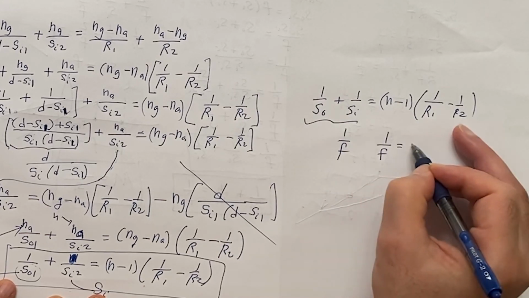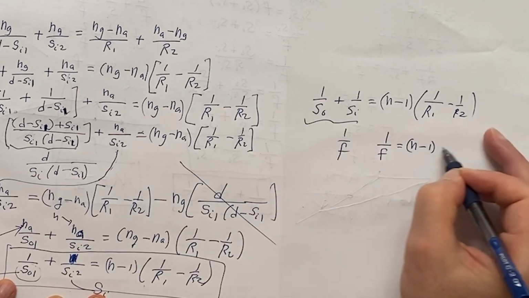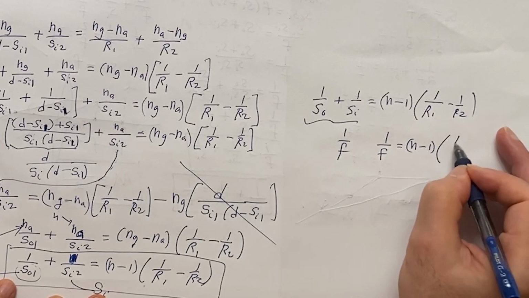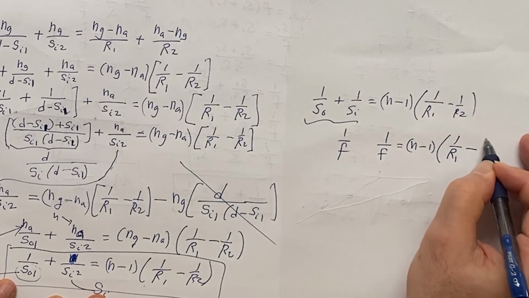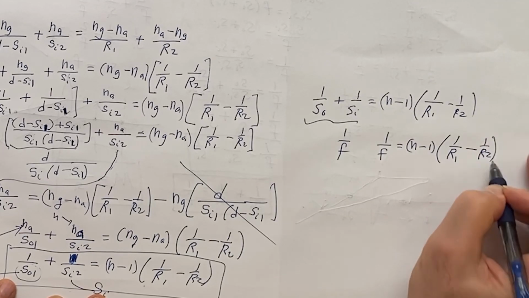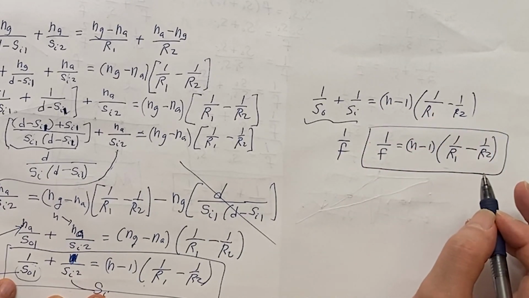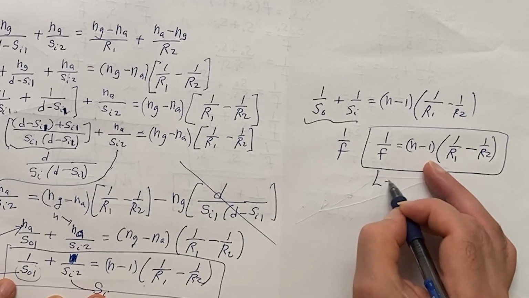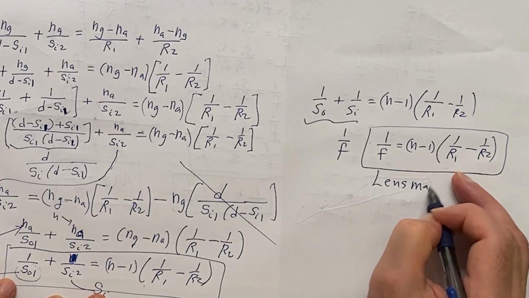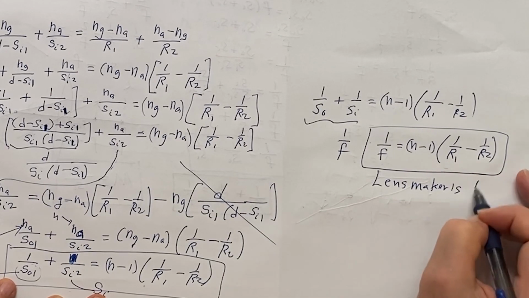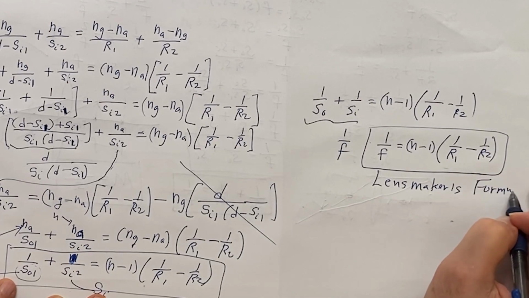1 over F is given by the index of refraction of the glass and the cuts. See, these are the cuts of the spheres, the circular cuts. So this is the lens maker's formula, which is the last goal for today.